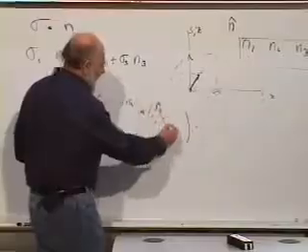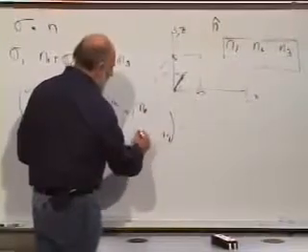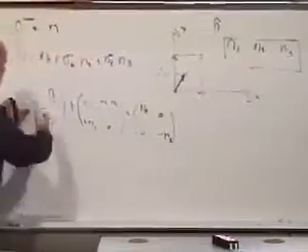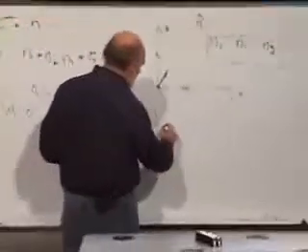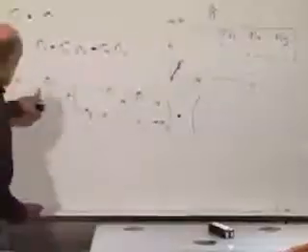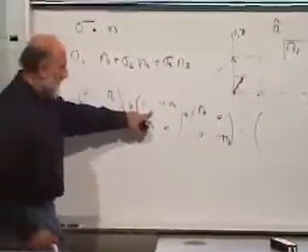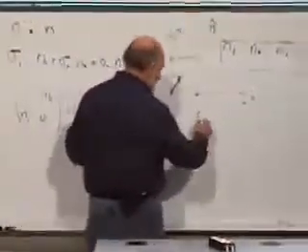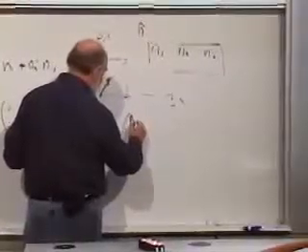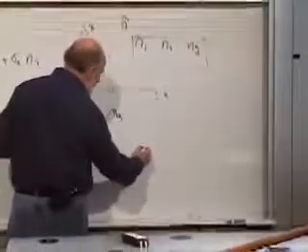So that's just n3, n3, 0, 0. Now we add them up, and what do we get? On the diagonal, these have no diagonal elements. This has diagonal. So we get n3, n3, minus n3.